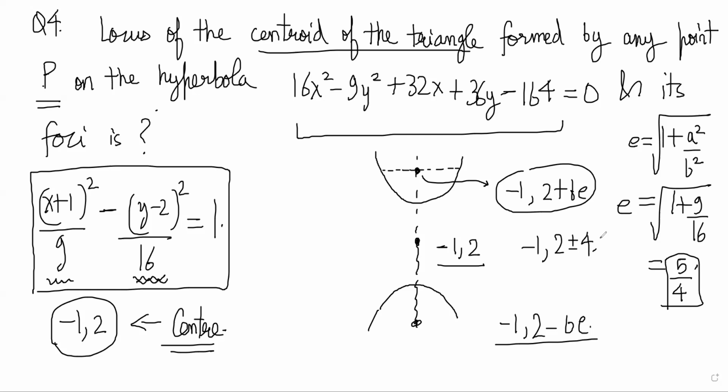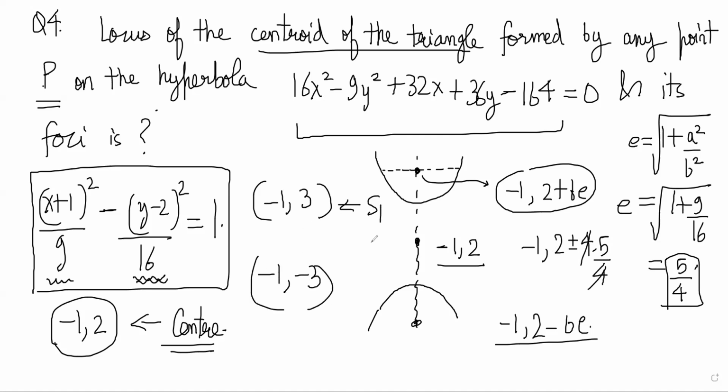B is 4 and E is 5 by 4. 2 plus minus 5. So plus 5 would be 7 and minus 5 would be minus 3. So minus 1 comma 3 and minus 1 comma minus 3. These are the coordinates of my foci S1 and S2.